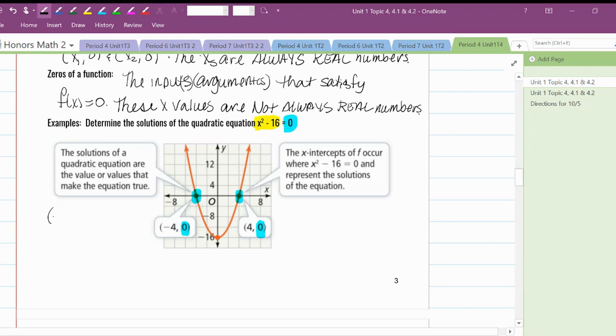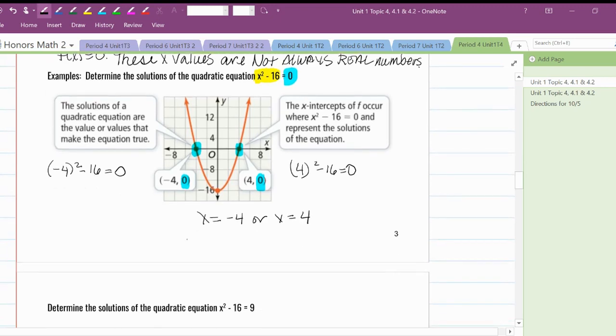I could take -4, square it, and subtract 16 and get 0. I can take +4, square it, subtract 16, and get 0. So the solution is x equals -4 or x equals +4. My x-intercepts I'm going to write as an ordered pair.